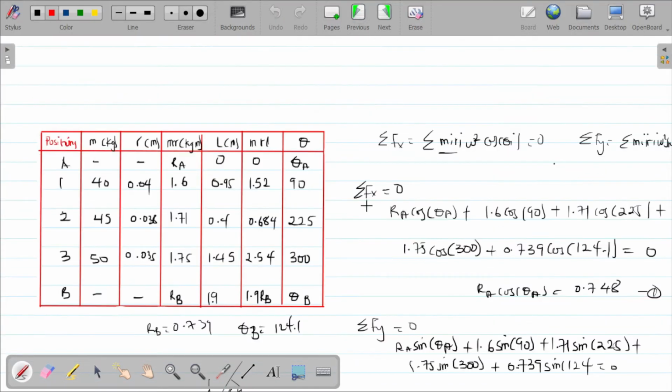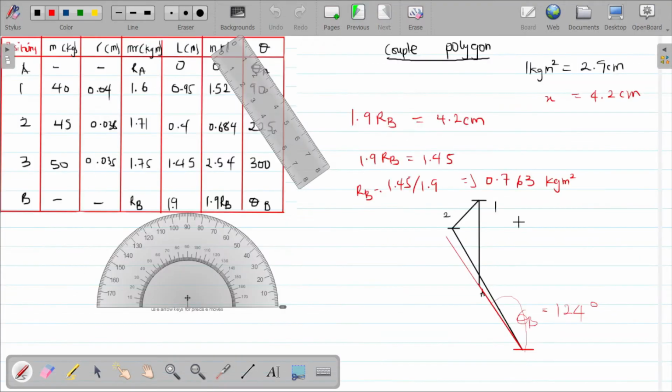Now previously we had theta B to be 124.1 and RB to be 0.739, and we had 0.63 and 124 as the angle, which is close, right? And again, there may be errors in mine; you should be able to get more accurate values.